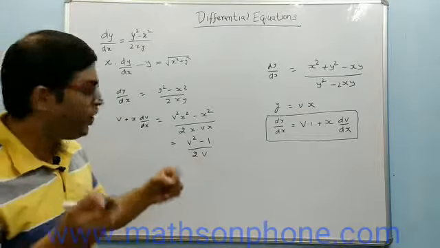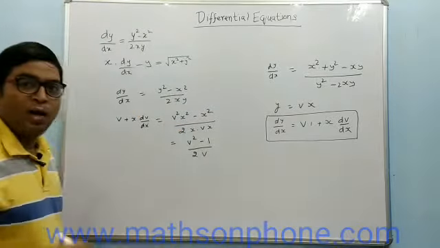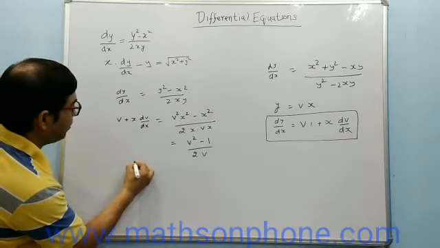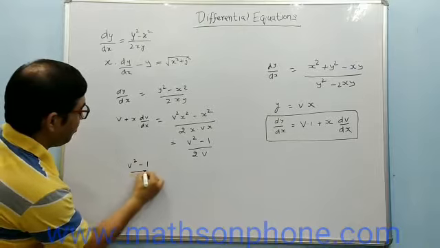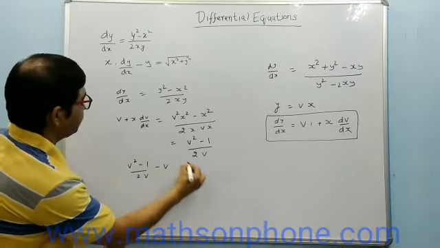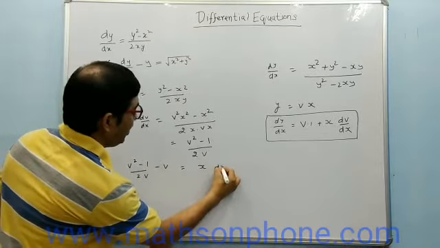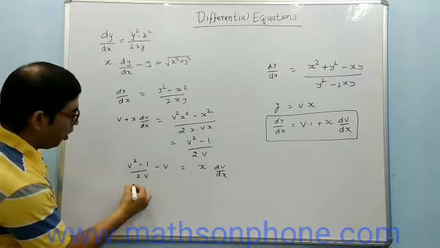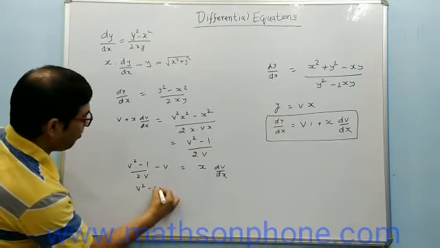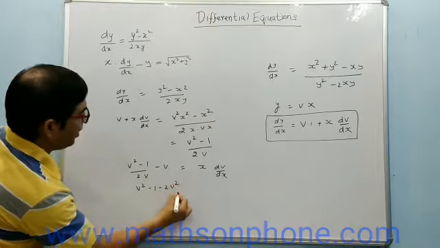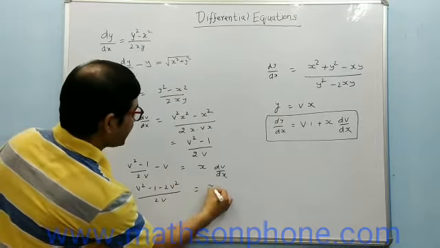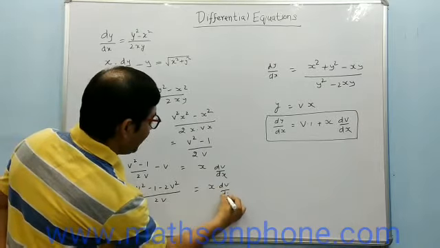So we got rid of x square here and it is coming out to be (v square minus 1) by 2v minus v is equal to x dv by dx. On further solving, it is coming out to be (v square minus 1 minus 2v square) divided by 2v is equal to x dv by dx.